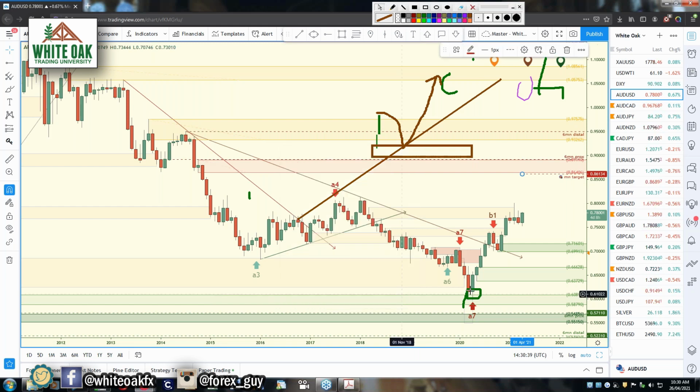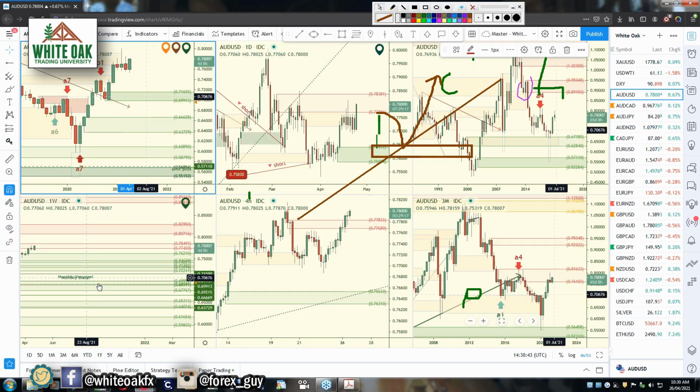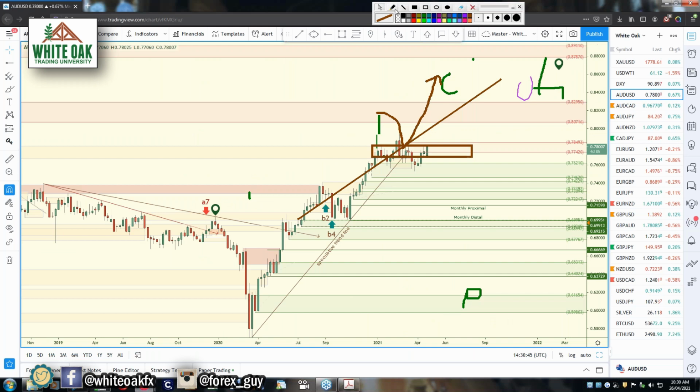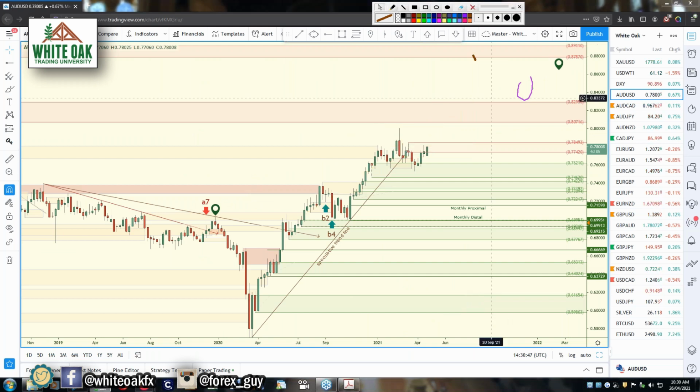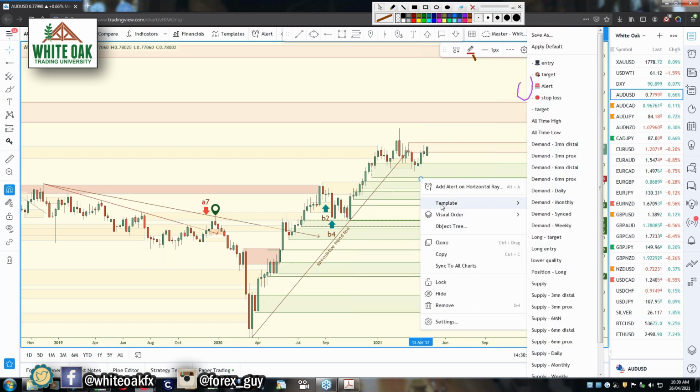That looks good. Stop loss is below weekly demand.